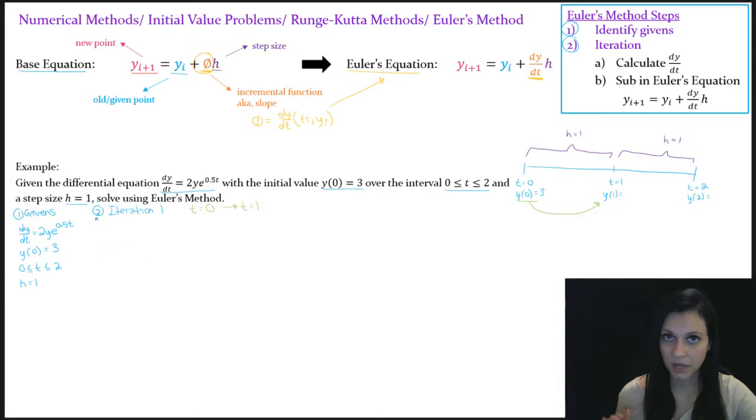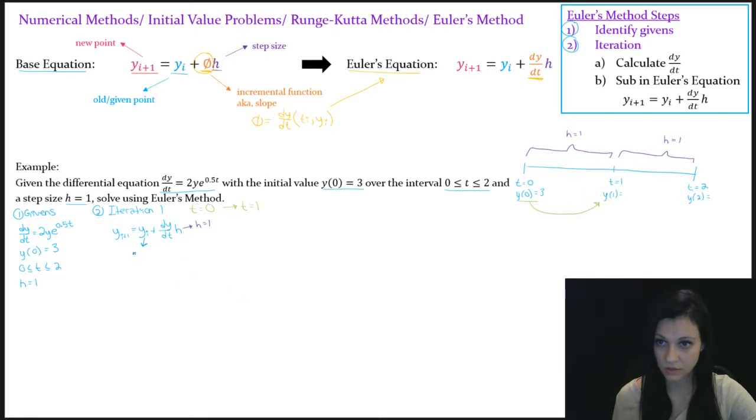So if I look at my base Euler's equation real quick, I have y_{i+1} equals y_i plus dy/dt times h. And so h equals 1.